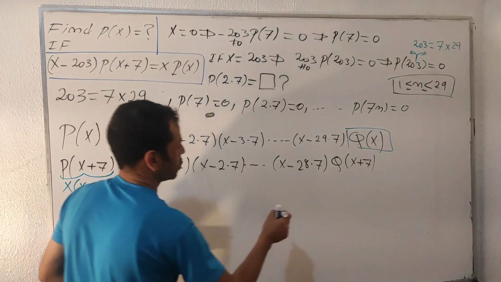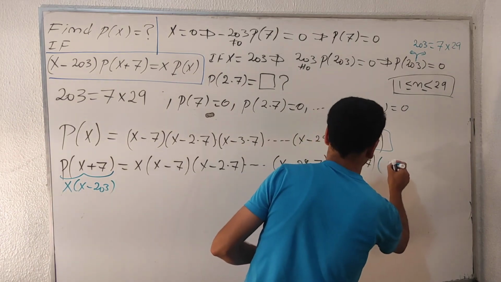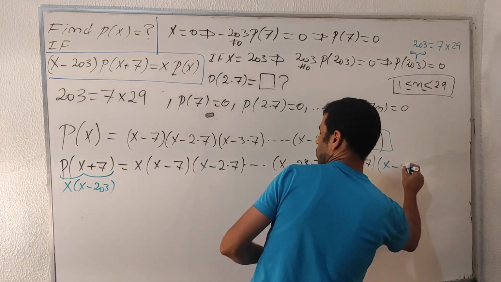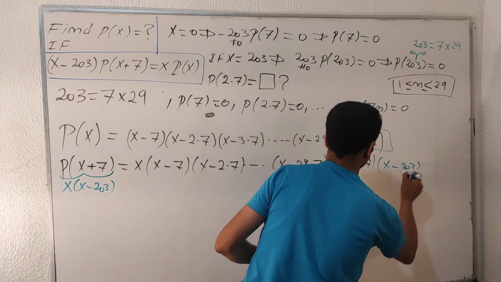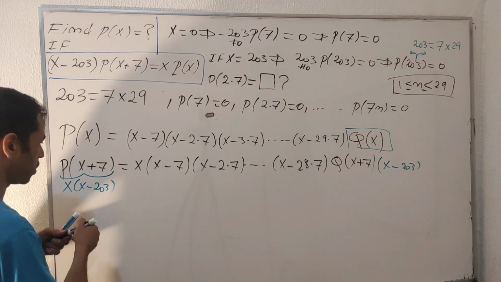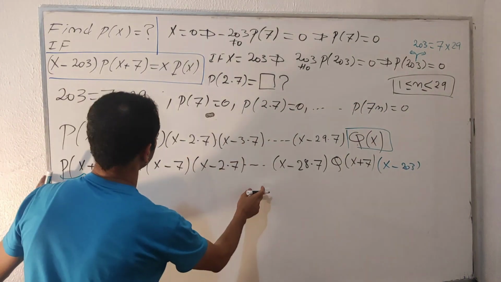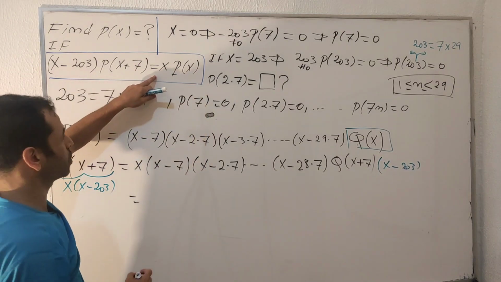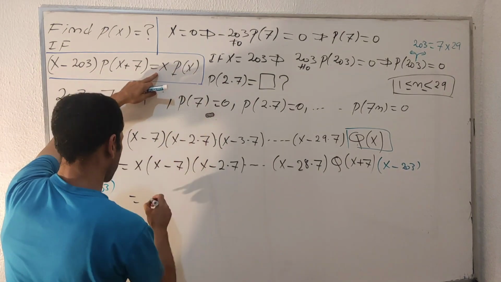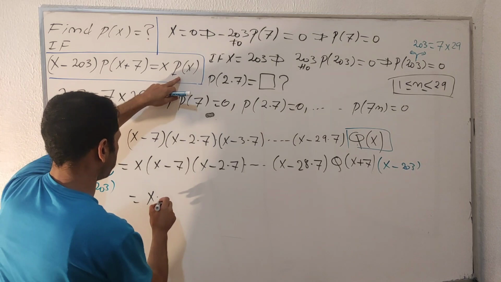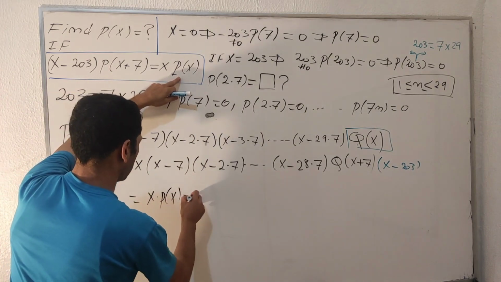I will have the same thing here: this one is going to be multiplied by x minus 29 times 7. The whole product equals the right hand side of this equation. So the right hand side of this equation is x times p of x.